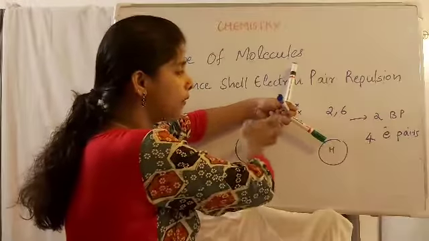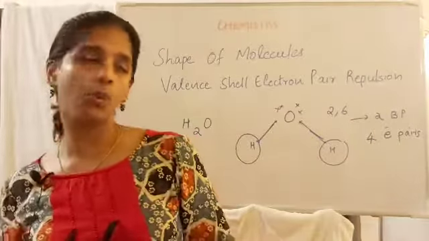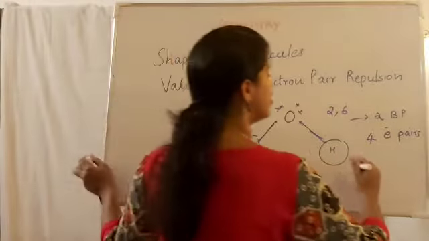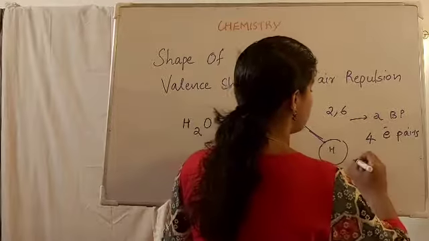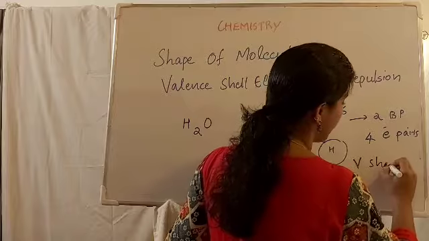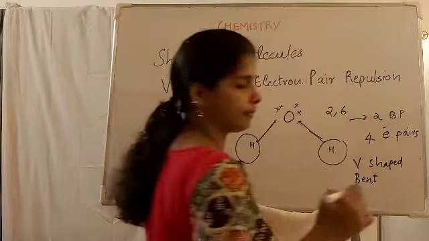It will be V shape or bent shape. What is the shape of the water molecule? It is V-shaped, or the shape of the water molecule is bent.